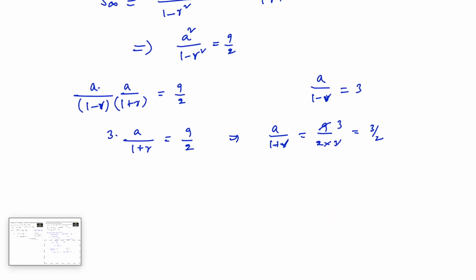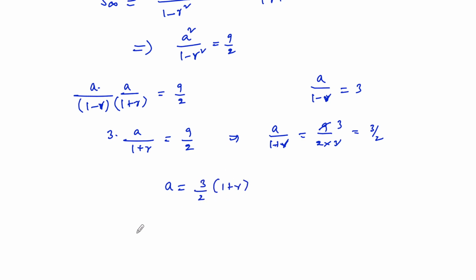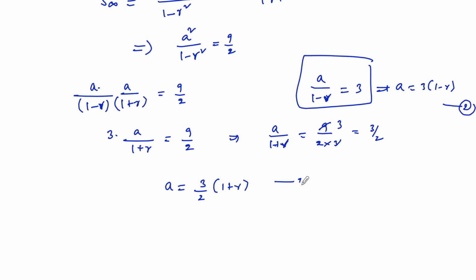Cross multiplying, A is equal to 3/2 times 1 plus R, and from here we can write A is equal to 3 times 1 minus R. Call this second and this third.